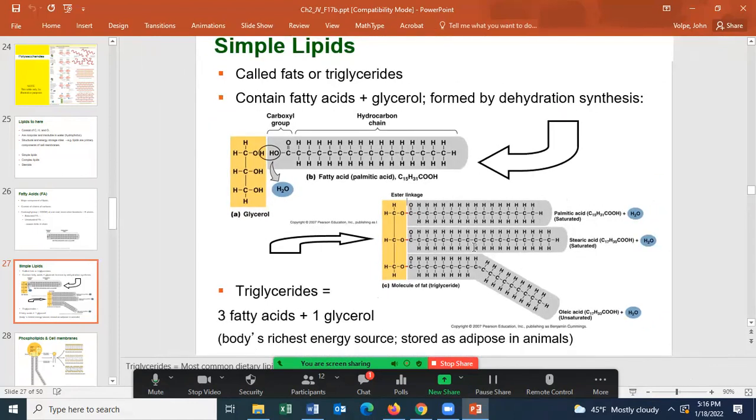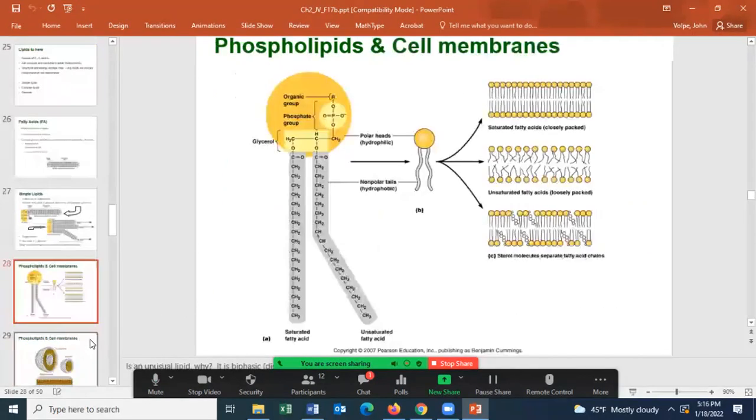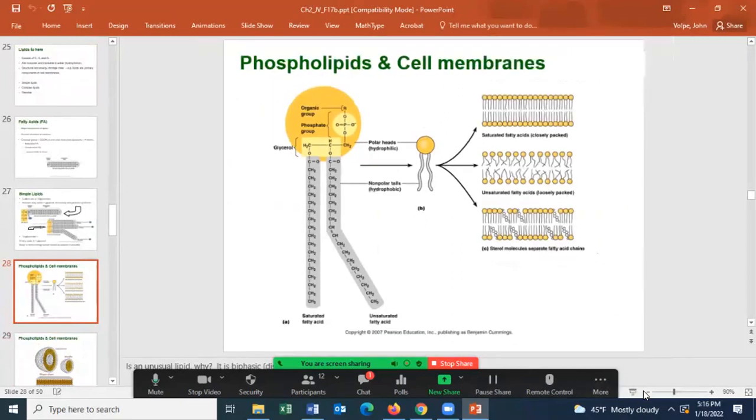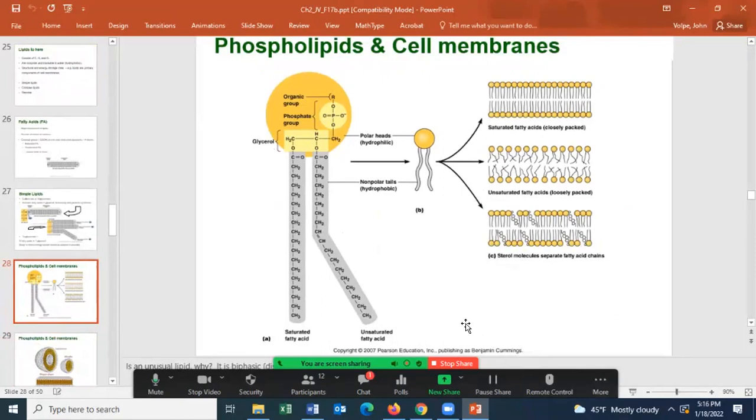All right, so that's a simple lipid, a triglyceride. We also have another type of lipid, and it's a phospholipid. This lipid is unique among lipids because lipids generally are hydrophobic, meaning they don't dissolve in water. They're non-polar.